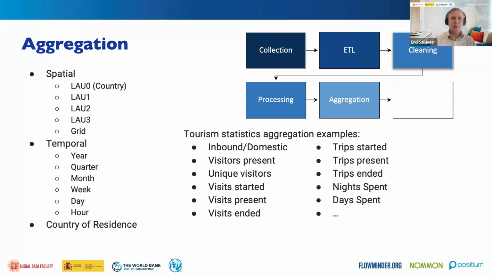Do you want to measure how many days those people from that country spent in this region, or do you want to know how many visits they started in that same kind of division? So that's why the aggregation step is important to understand all these different dimensions.